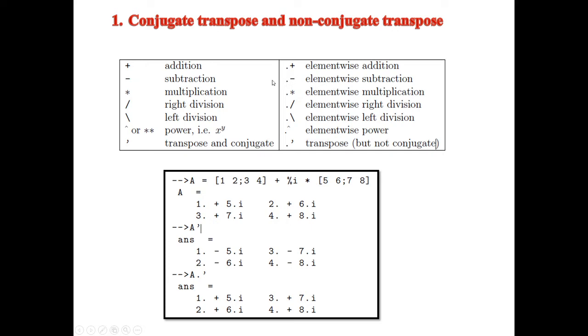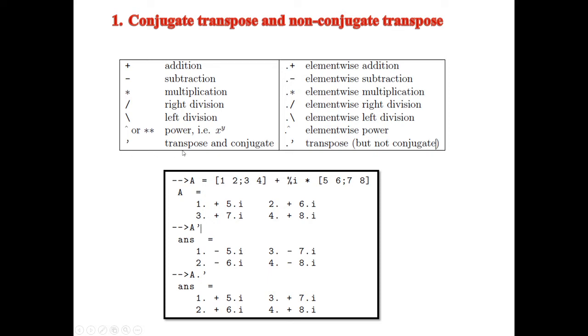Plus means addition, dot plus means element-wise addition. Row 1 comma 1, here also 1 comma 1, like that. From both the matrices it will take the elements element-wise. The same way element-wise subtraction, element-wise multiplication. Now we are studying the last one.